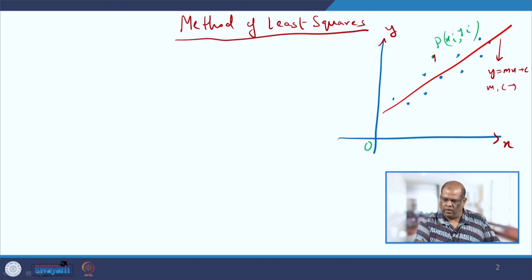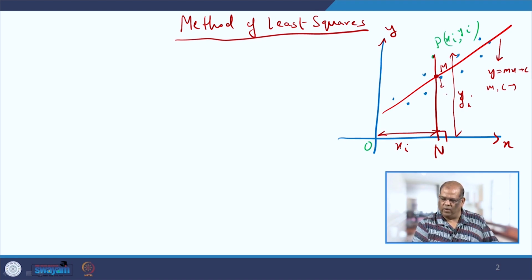If I draw this line, say this is n, this is p and this is m. This perpendicular intersects the straight line at this point. Both of them have the same x coordinate, which is xi, and the error of the y value is this. This is your actual yi, and at this point it satisfies the equation of the straight line.